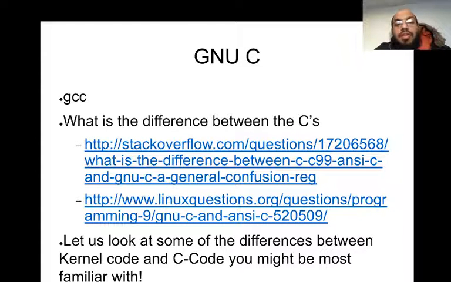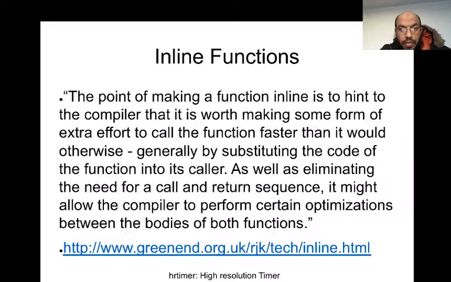These are two Stack Overflow, or this is one Stack Overflow question, and this is a Linux questions forum also, which answers this in full detail. I think you might want to take a look. It's just, if you're a C programmer, to know what the difference is. We'll just look at a few differences very quickly.